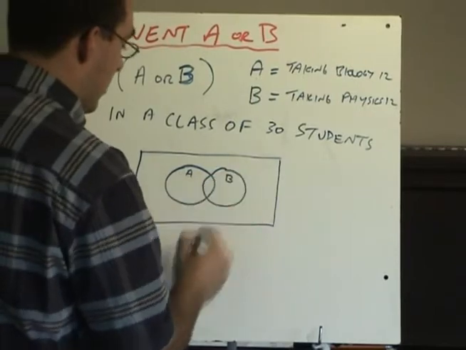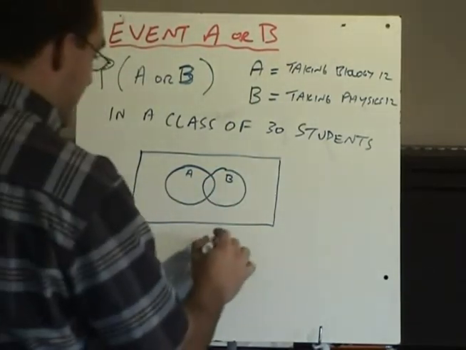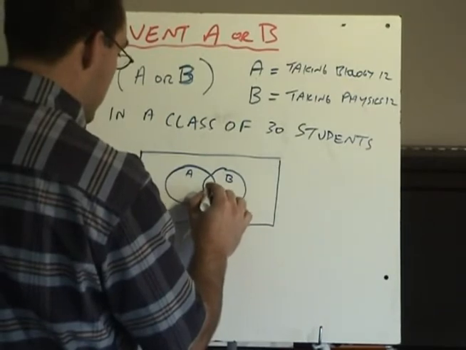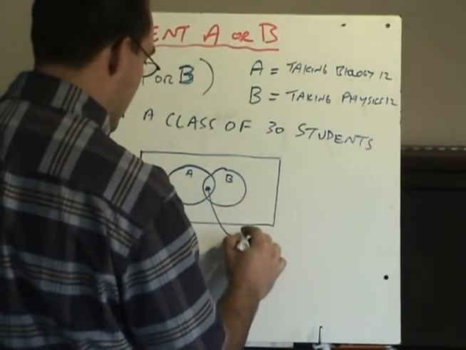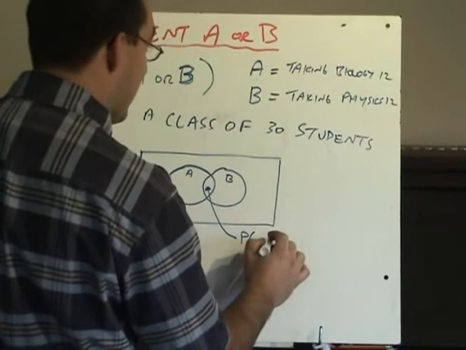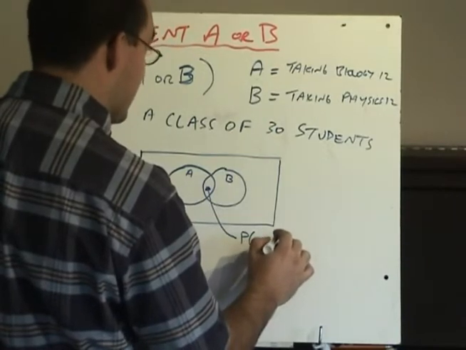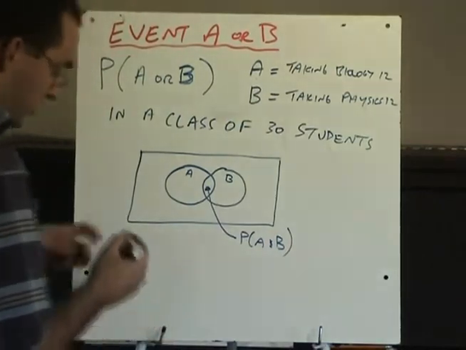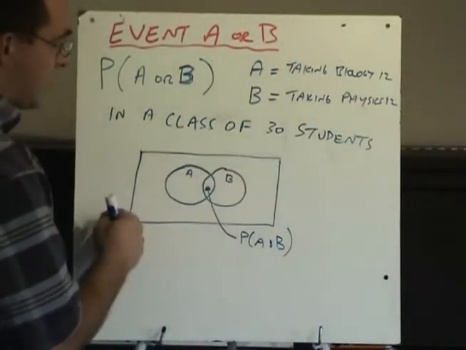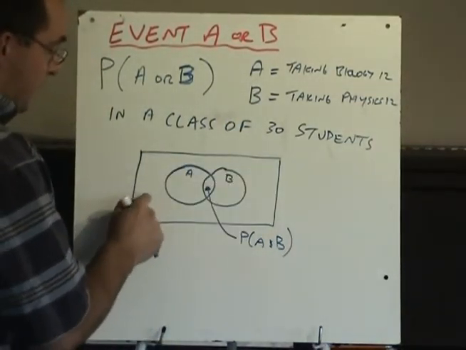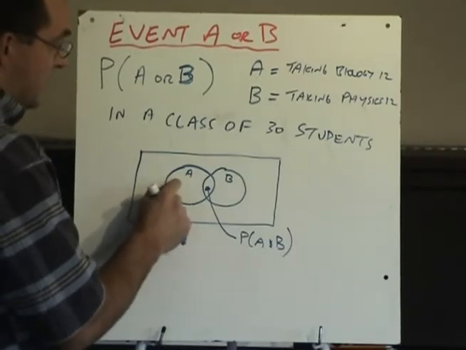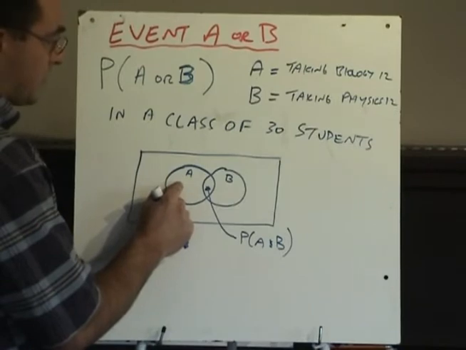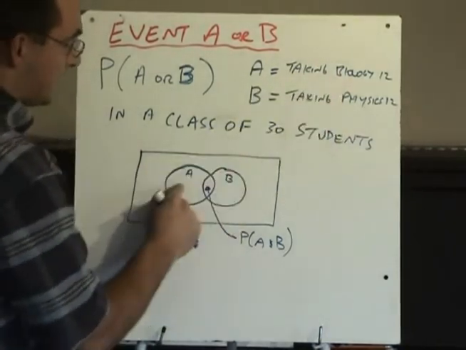So our two circles might look like this. And then this part here, students in this little spot right here, are taking biology 12 and physics 12. So let's look at our little Venn diagram. People that are just sitting here in this part of circle A, these are the students who are only taking biology 12.